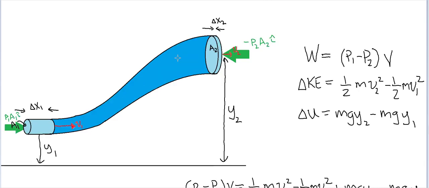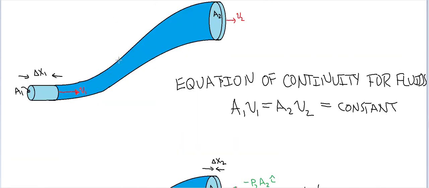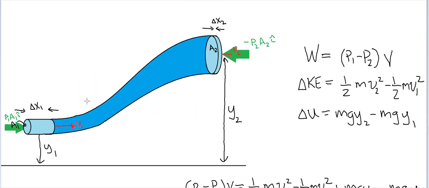Now let's worry about the case where we take the same tube, but we rotate it so that it is not sitting on the table anymore at the same height. Now the narrow end and the wide end are at two different heights, y1 and y2.